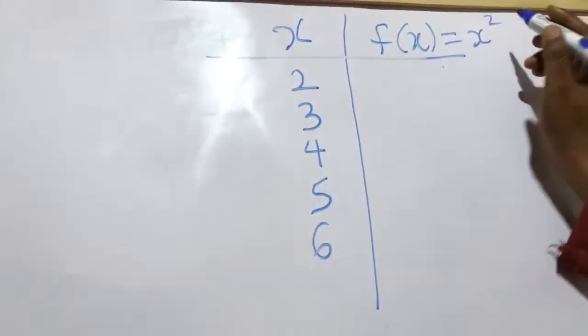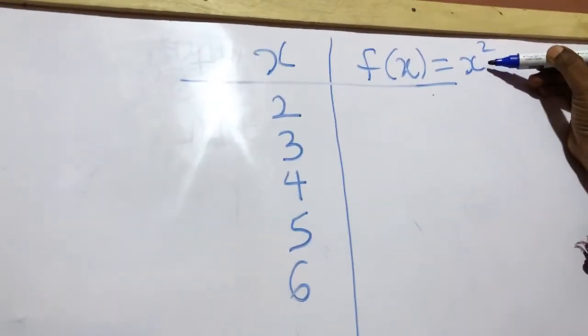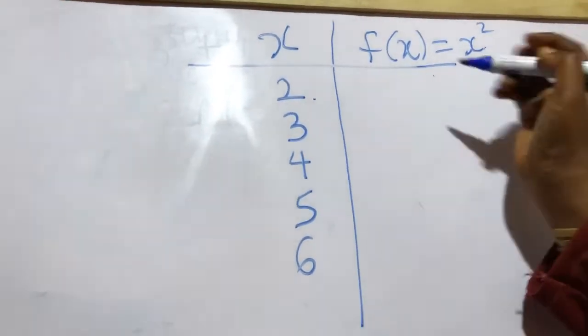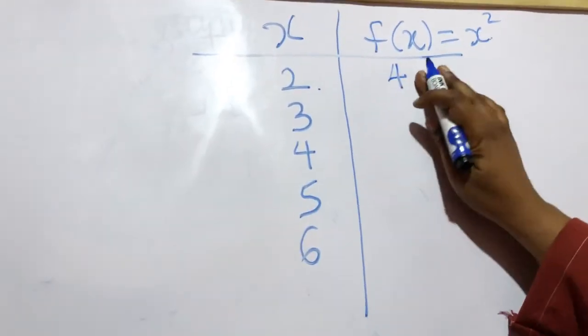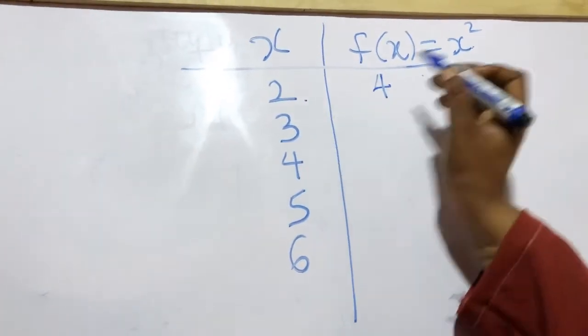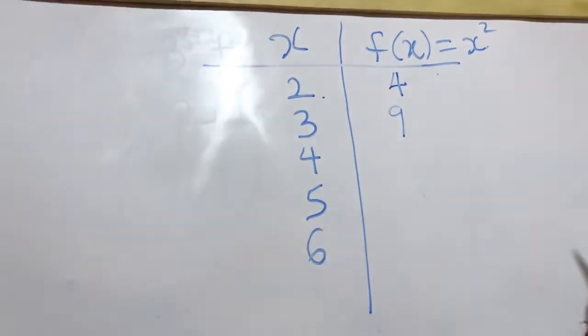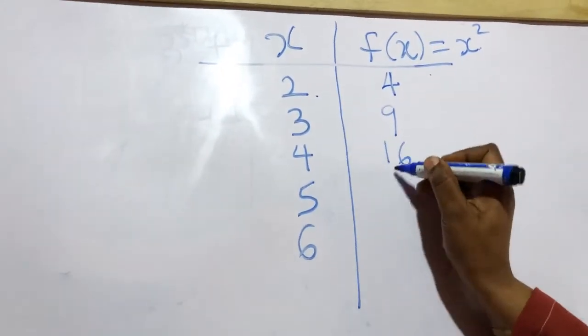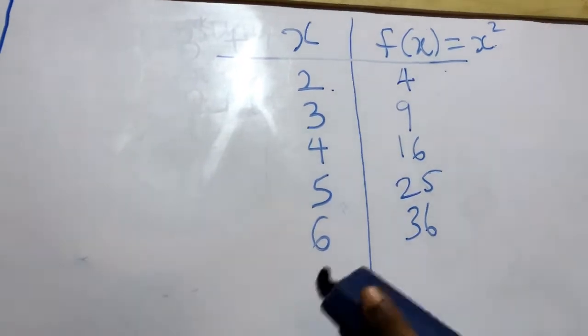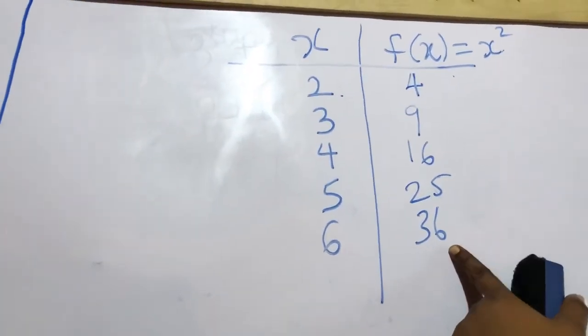So wherever you see x here, you are going to put 2. So 2 raised to power 2 is equal to 4. You can see that it gives exactly one solution. So 3 squared gives 9, exactly 1. 16, 25, 36. So they give exactly one solution.